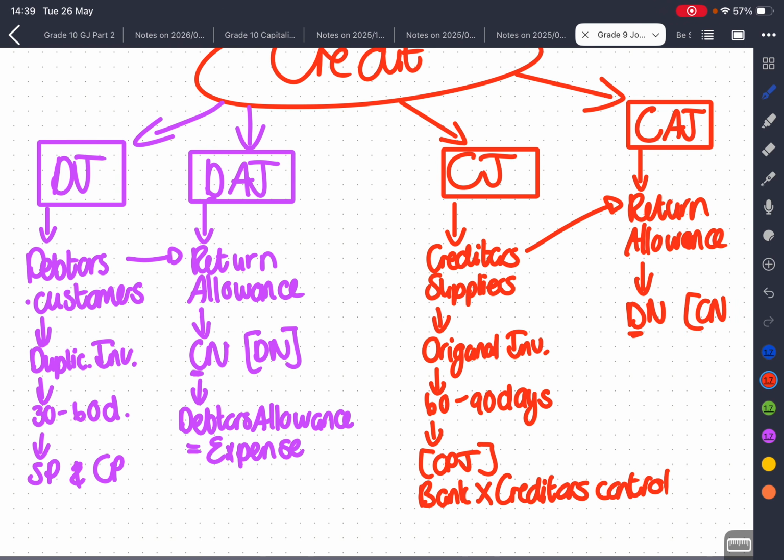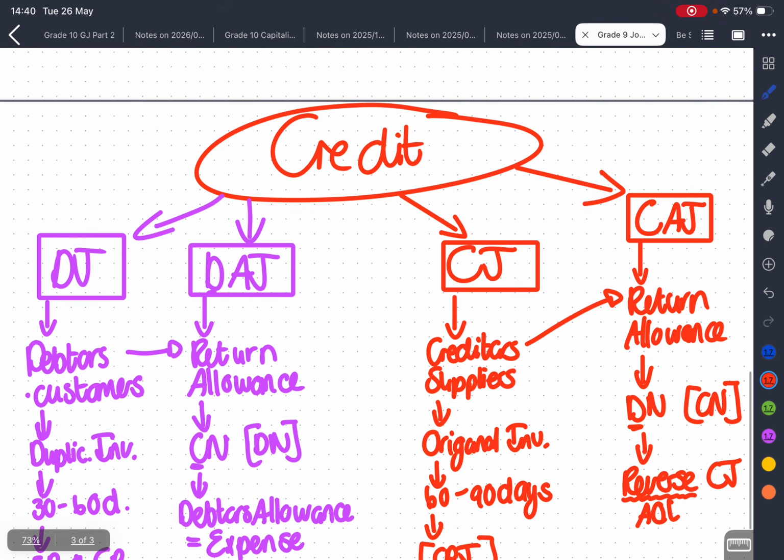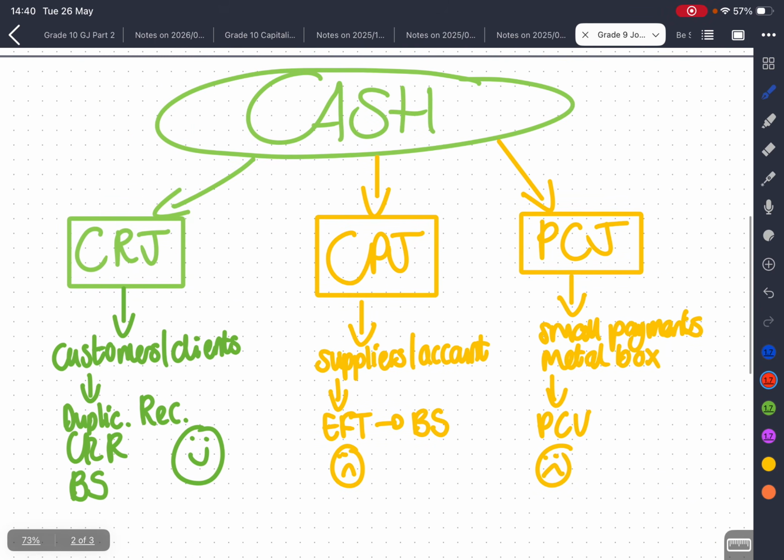And they will issue me with a credit note if they agree and say, yes, okay, we'll give it to you. And basically, if you look at the format of the journal, it's the same as the CJ that you just did. It's just the reverse in the AOL or in the GL, where the transactions will be on the opposite sides. And that is it. That is your 4 credit journals and your 3 cash journals.